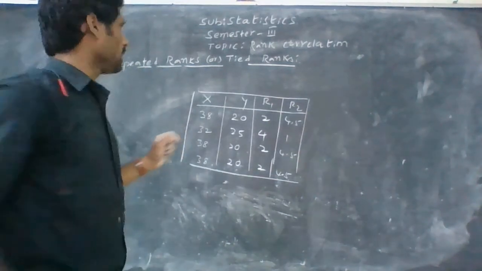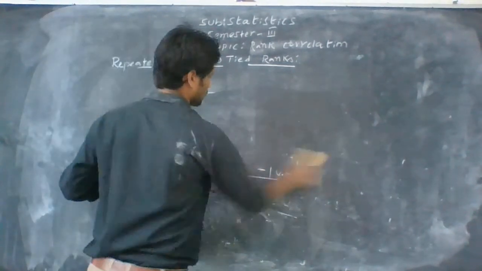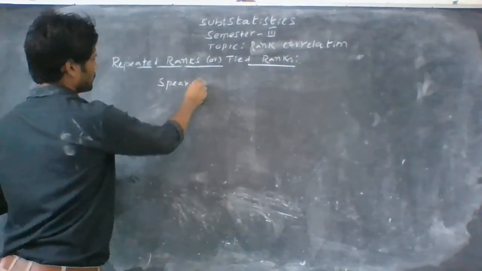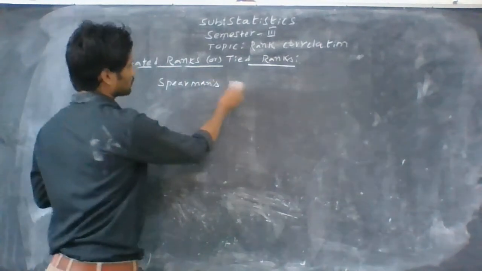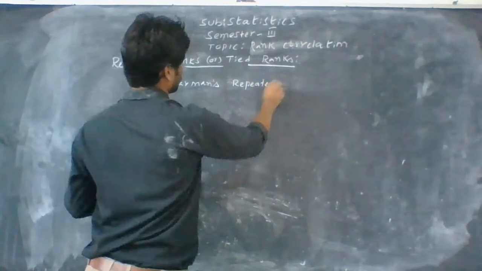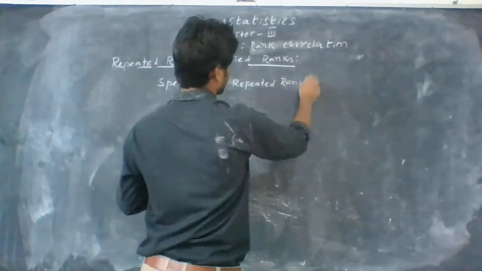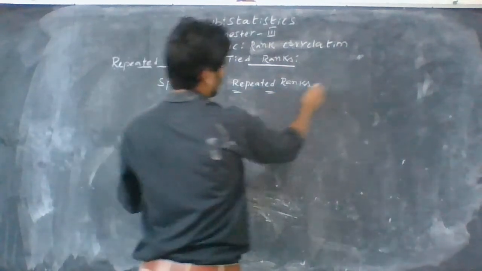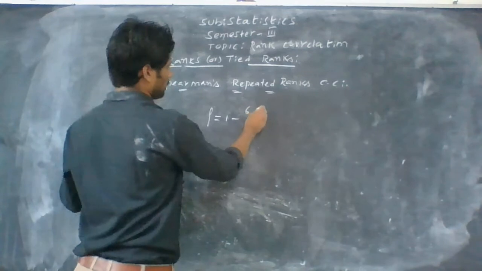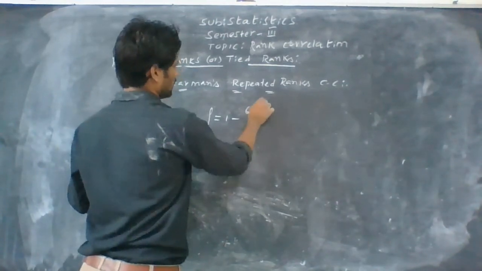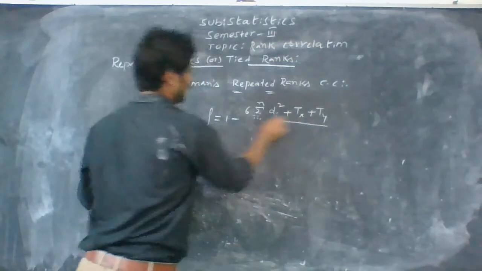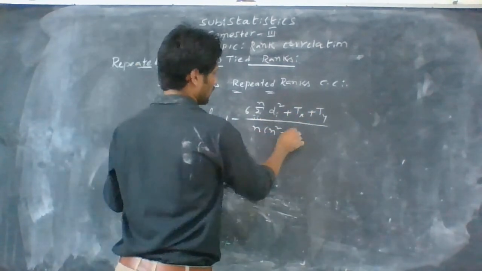This formula is given by Spearman. The formula for the repeated ranks correlation coefficient is rho equals 1 minus 6 into the summation from i equals 1 to n of di square plus tx plus ty, by n into n square minus 1.